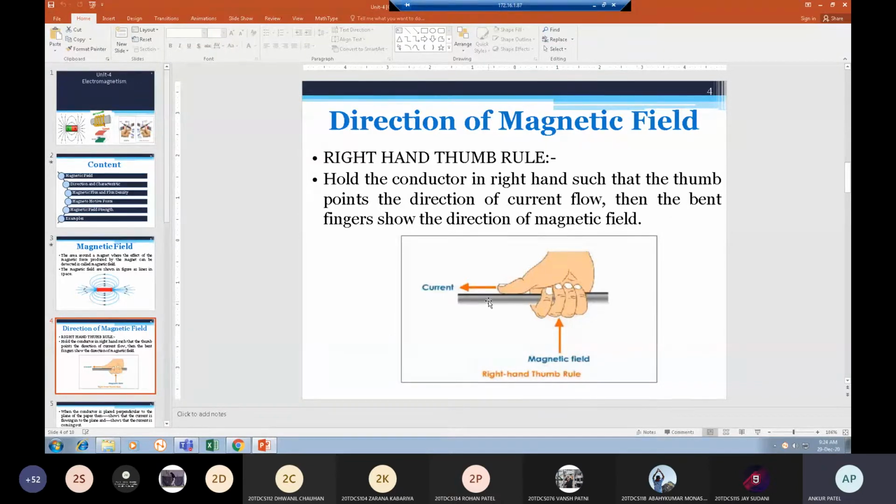According to that, we'll see how the current is coming in and going out, when a current carrying conductor has a magnetic field. So how is the current flowing according to the right hand rule? That we'll see.